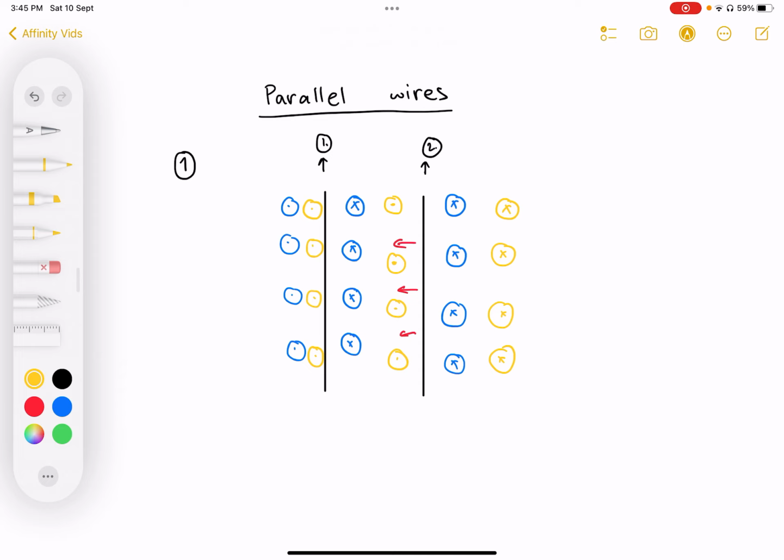This is actually going to result in a force in this direction.